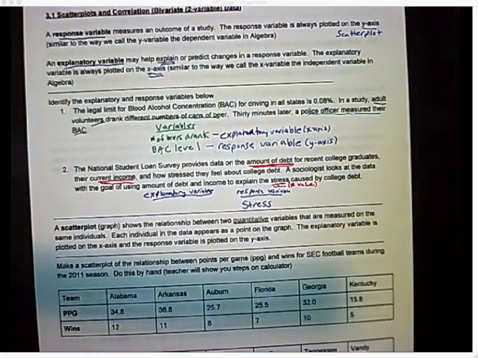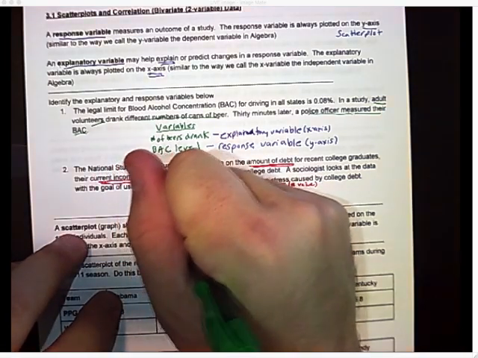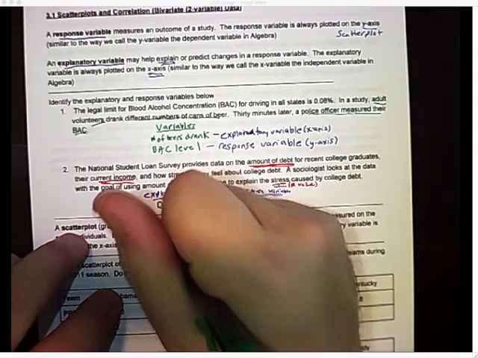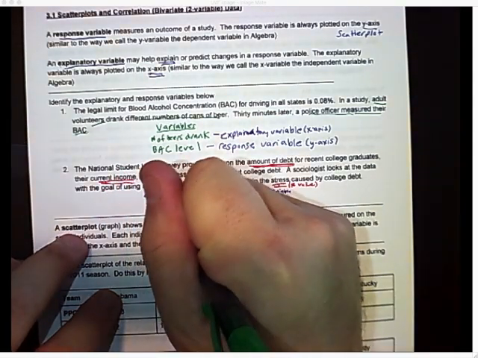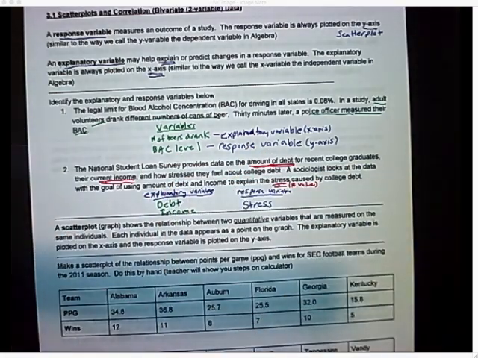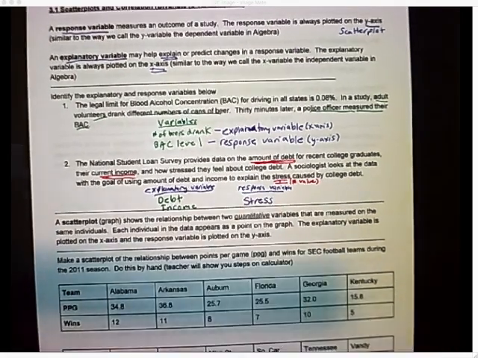Now, what causes stress? Or maybe not what causes, but what explains the amount of stress they have? Well, obviously, the amount of debt. If they have a lot of student debt, that would cause more stress, or that would explain more stress. Or if they have a really low income, that might also explain part of the amount of stress they have.